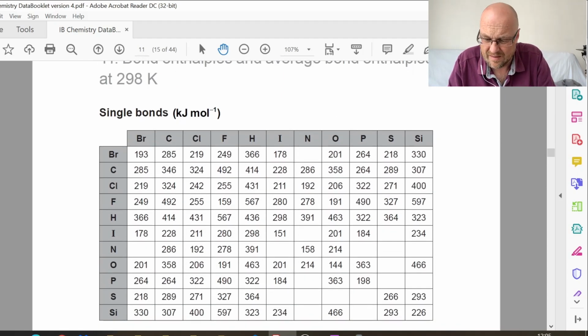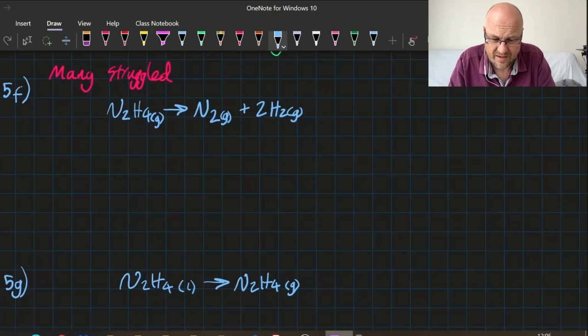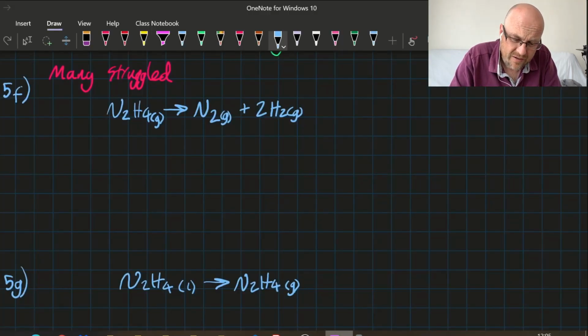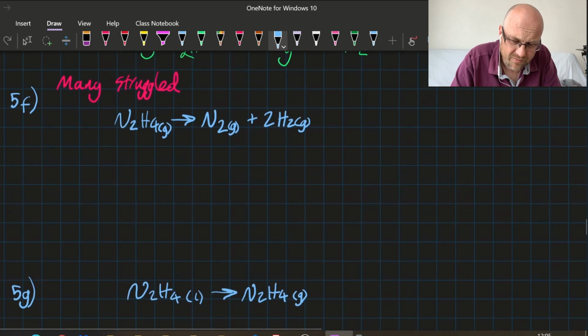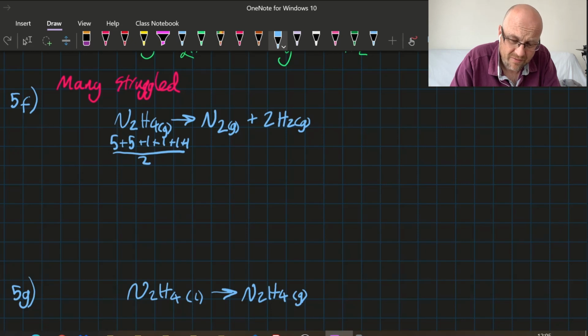Can I do them without making a silly mistake? Let's find out. So looking at the molecules here, N2H4, so I've got 5 plus 5 plus 1 plus 1 plus 1 plus 1. I'm adding up the valence electrons, dividing by 2, so that's going to be 7. So I need 7 lines.